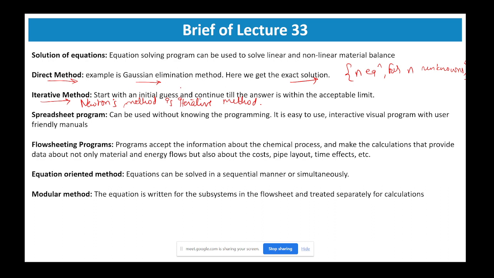You start with an initial guess and you continue till the answer is within the acceptable limits, which means that the value of x_{i+1} minus x_i is less than the error, or the error tends to 0, or if not 0, then it should be acceptable based on what process you are dealing with. So it depends on the process whether it is acceptable or not.